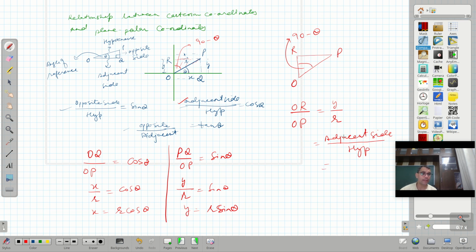So this is the adjacent side, but for the angle 90 minus theta, which is here. So I can write it as cos of 90 minus theta.